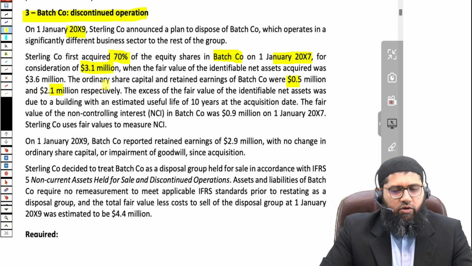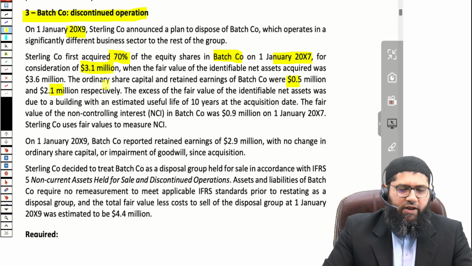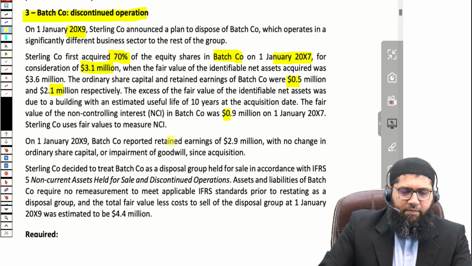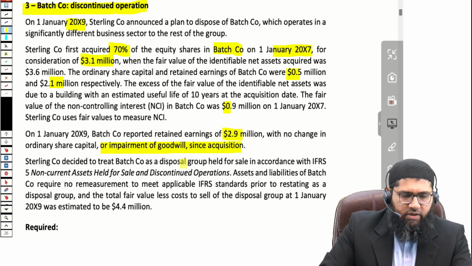So that means when you acquired this, the fair value was this share capital. The excess of fair value of identifiable net assets was due to a building. Fair value of NCI was 0.9 million, so and so. At 1st January, batch company had retained earnings of 2.9 million with no change in ordinary share capital or impairment of goodwill since acquisition.